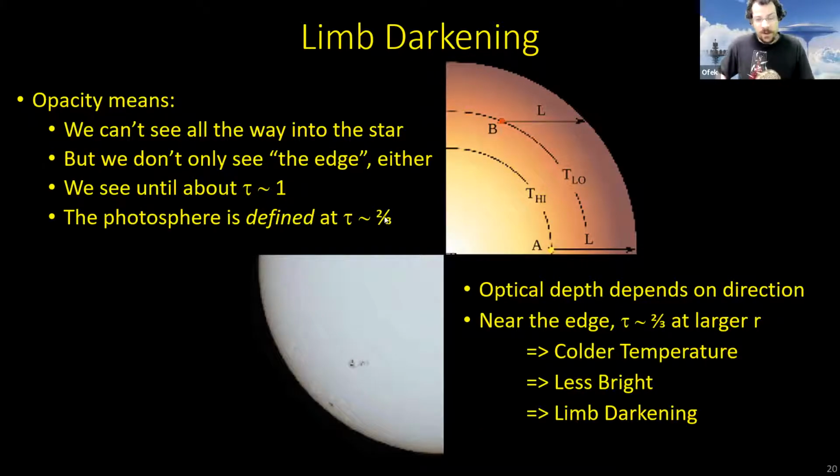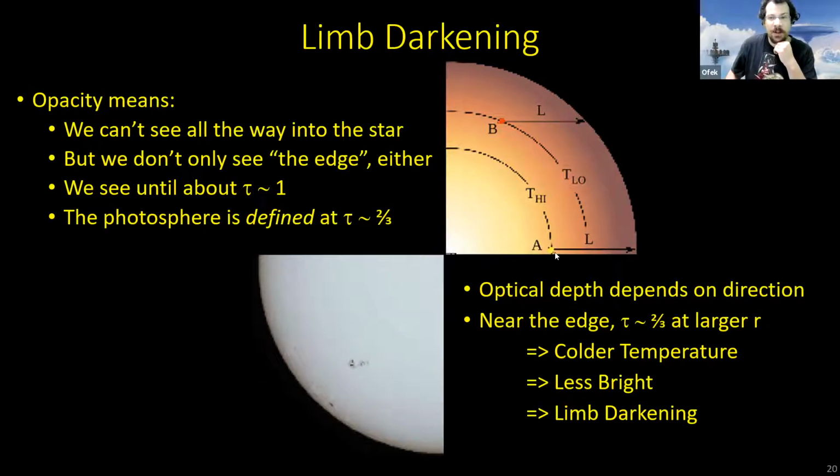But that's not the end of the story, because this 2/3 of optical depth depends on which direction you look into the sun. If you're on the right side of the sun here, and you're looking at a photon created from point A at a certain length L from the surface, then because this distance L penetrates directly in the radial direction, it will reach point A at a very high temperature, here marked in yellow.